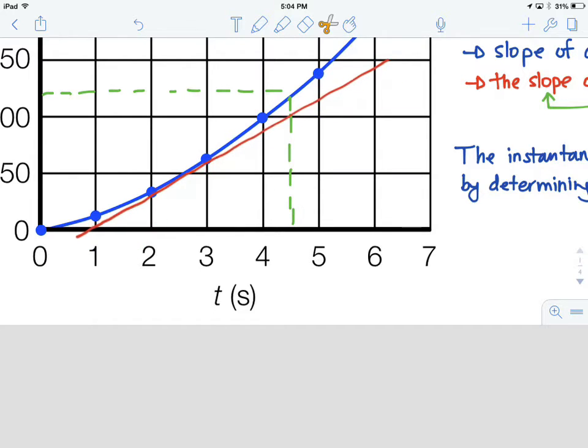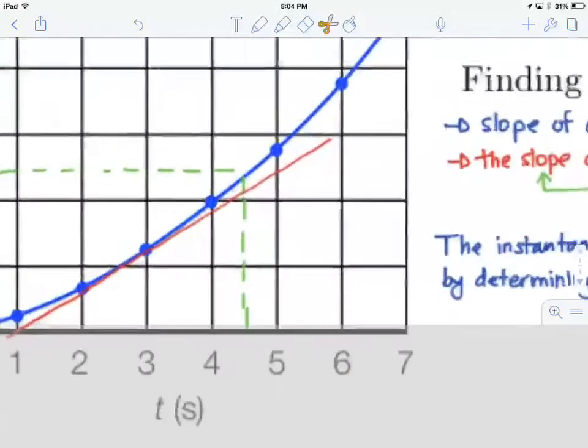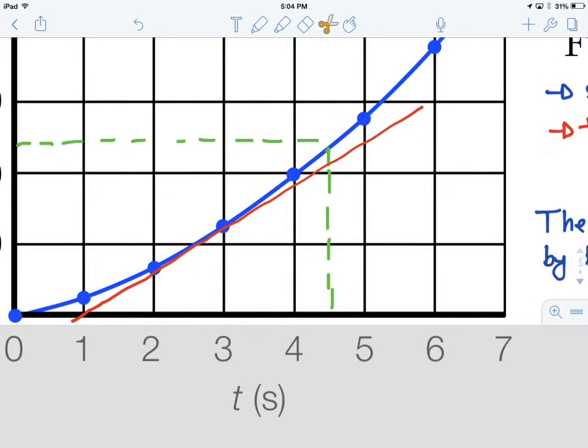If I do this, it might be a little bit better. There, that's a little bit better. Now when you zoom out, that's actually not too bad at all. The thing is that drawing tangent lines is a little bit tricky. It takes a little bit of eyeballing.